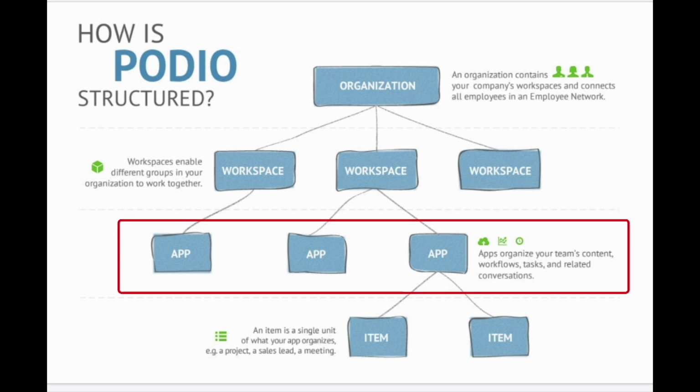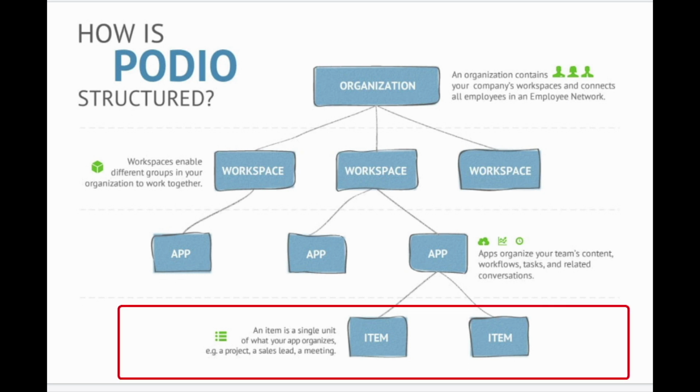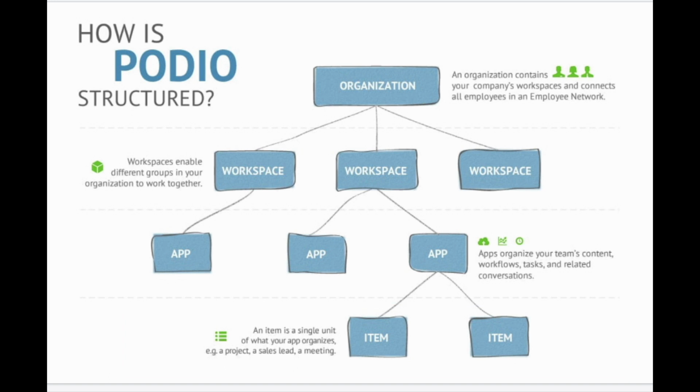The apps are the lifeblood of Podio. An example app is Seller Leads. This app would allow you to contact sellers directly, have their information, and log any notes. These apps in general also have tasks and related conversations. Then below apps, we have items. So that's the single unit: a sales lead, a meeting, a project.